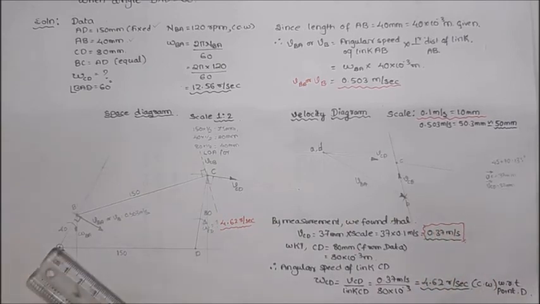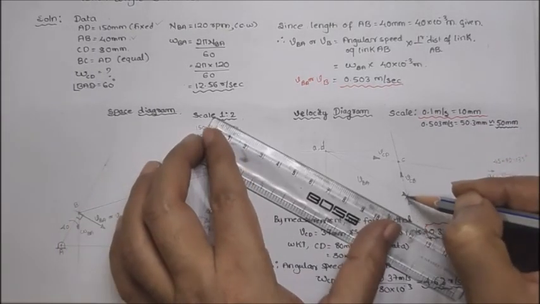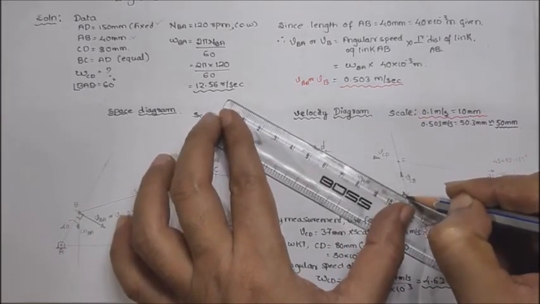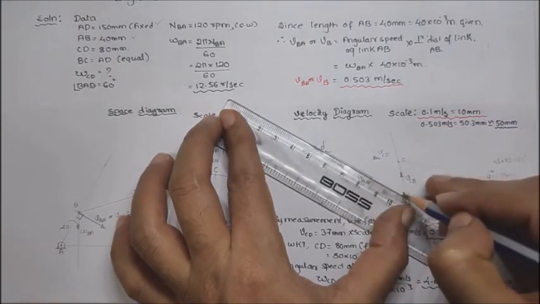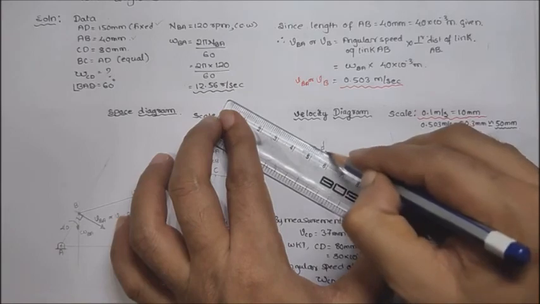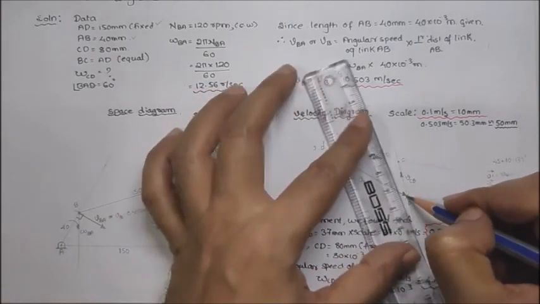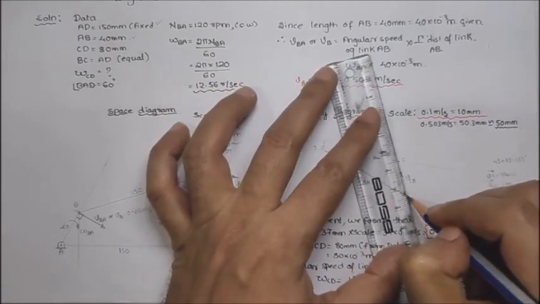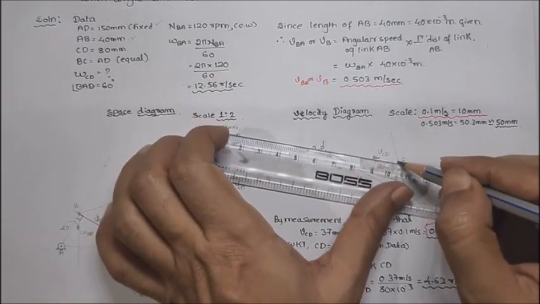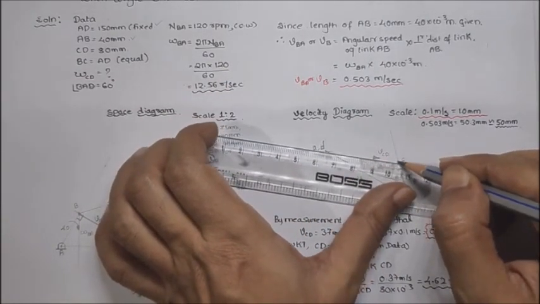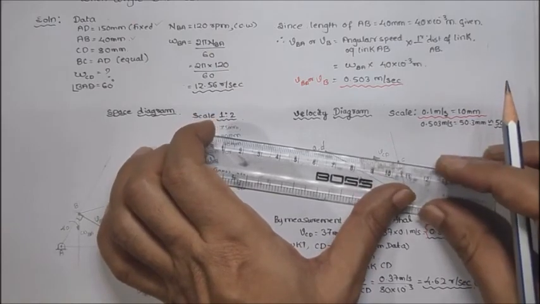And now we need to darken all the lines. So whichever important, those things you dark, don't keep them light, because sometimes these papers are getting scanned, so your answers may not be visible in the scanned sheets, or may not be visible for the examiner while evaluating.